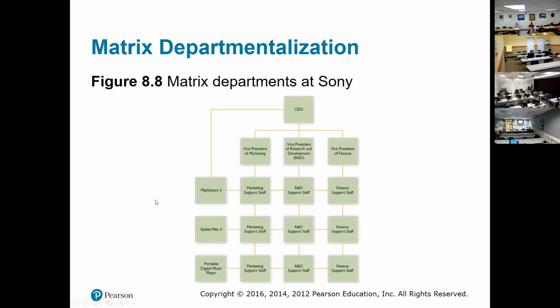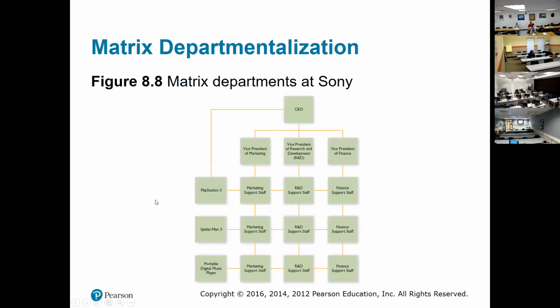The matrix one you can see is a little more complicated, and that's why it sometimes makes it difficult not only for the employees to understand the reporting scheme of things, but also for the customer to understand exactly what's going on. So you've got VPs of Marketing, Research and Development, and Finance, which are all functional departments, and then we've got more functions down here.